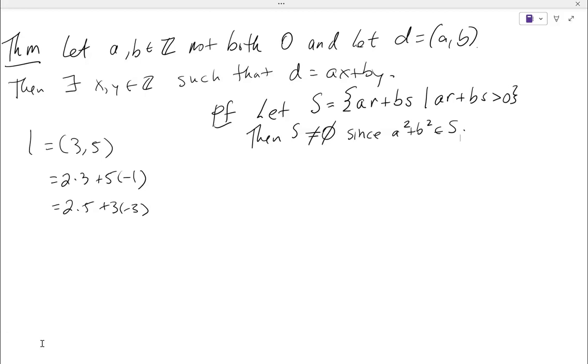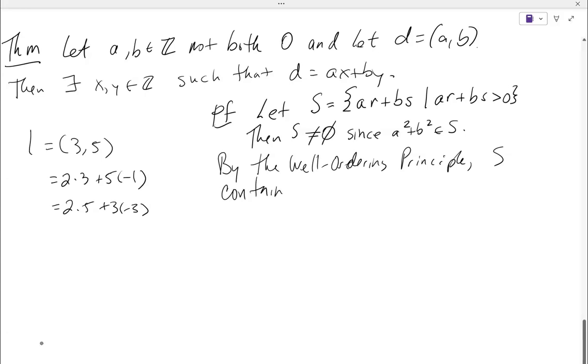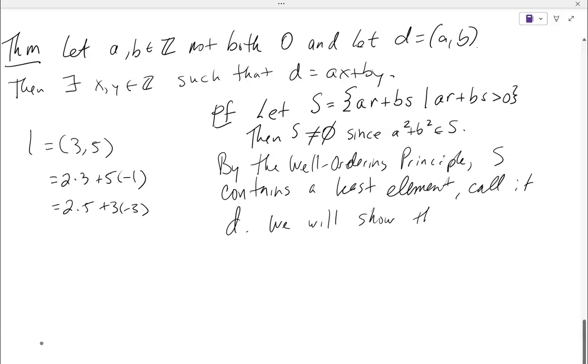All right, so by the well-ordering principle, S contains a least element. We'll call it D. And we will show that D really is the greatest common divisor of A and B.